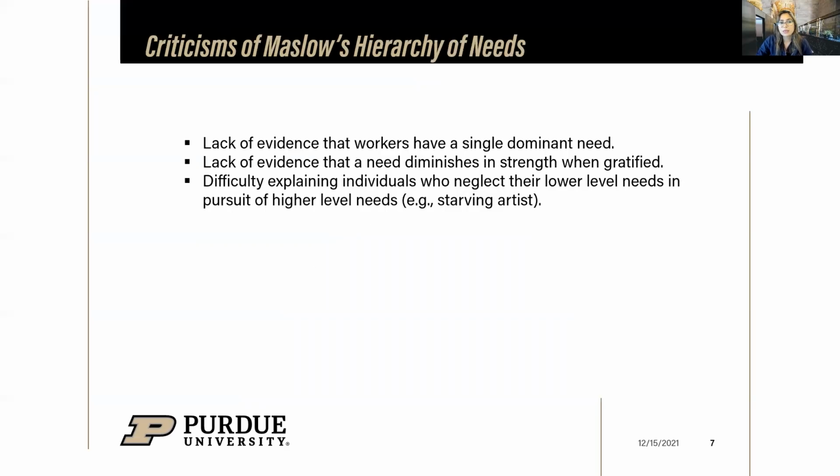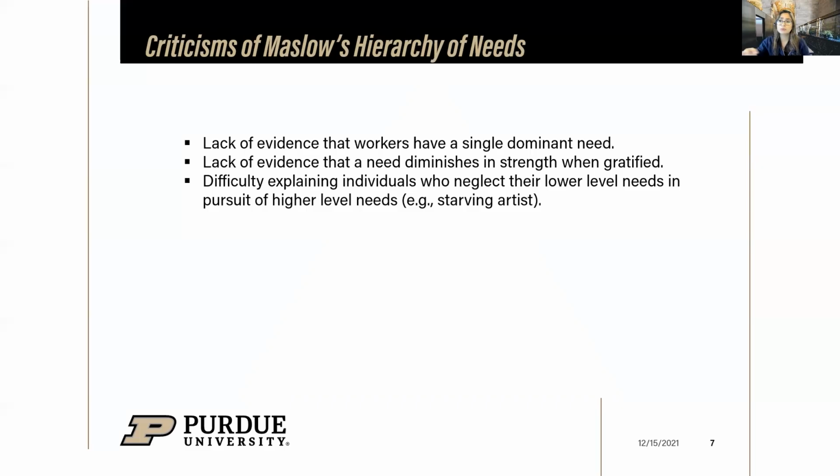Now, the criticism of Maslow's hierarchy of needs basically is the lack of evidence that workers have a single dominant need. So even in the physiological needs, there are multiple needs that occur. There is also a lack of evidence that a need diminishes in strength when gratified. So even if the basic physiological needs are met, that does not mean that the strength of that need would diminish.